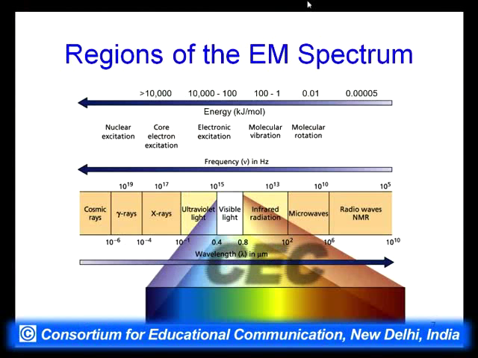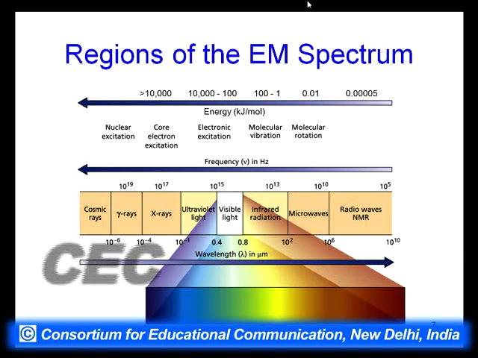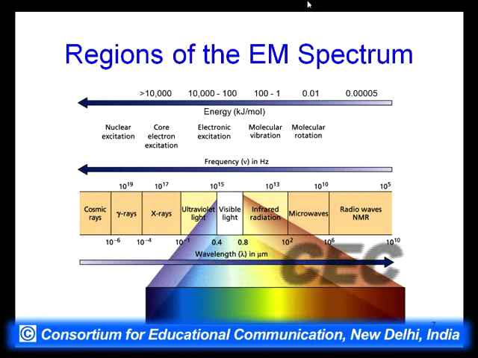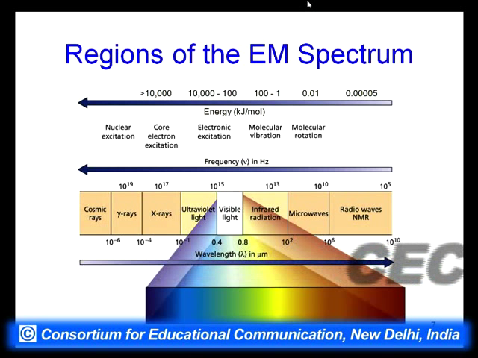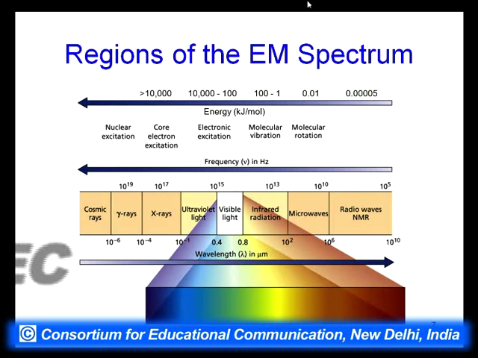In the radio wave region, you study the NMR spectra, because in NMR spectroscopy we study the effect of spin transitions of the nuclei, and the difference in energy levels is so small that it occurs in the radio waves. The next is the microwave region, where rotational transitions take place, and also electron spin flipping takes place in this region. And then we have the infrared region.